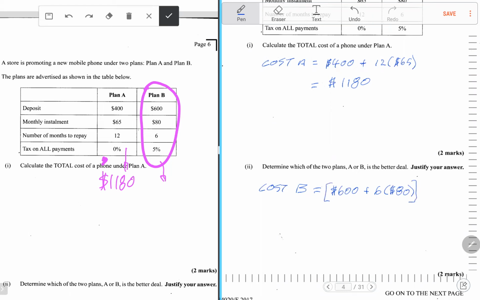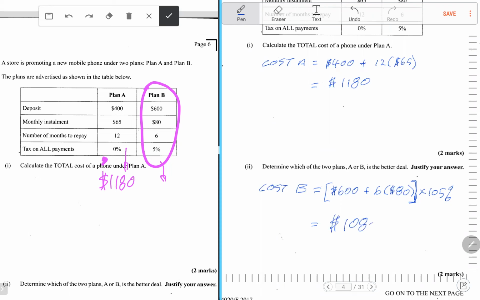So the tax you add in is 5%. Therefore, the overall cost after you add 5% is that you have to multiply that result by 105%. 105% is basically 105 divided by 100. So the cost before you add the tax would be 600 plus 6 times 80, which would be 1080.